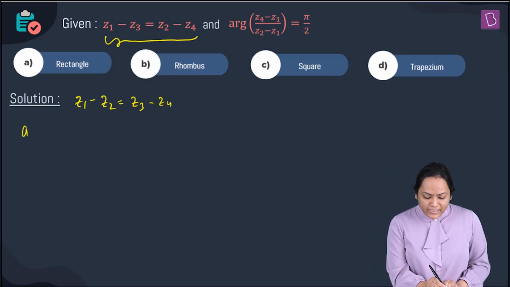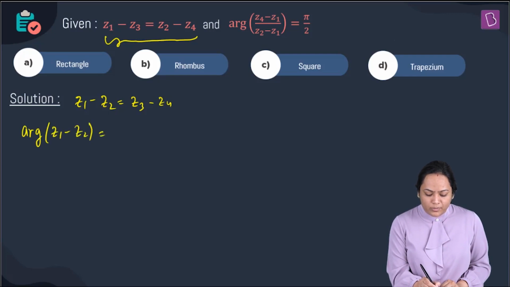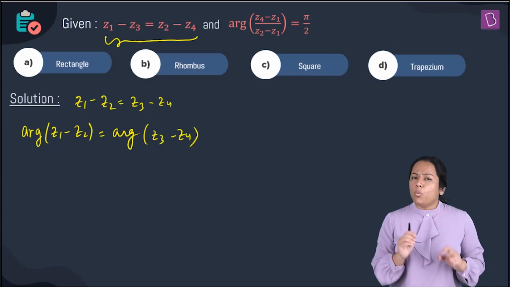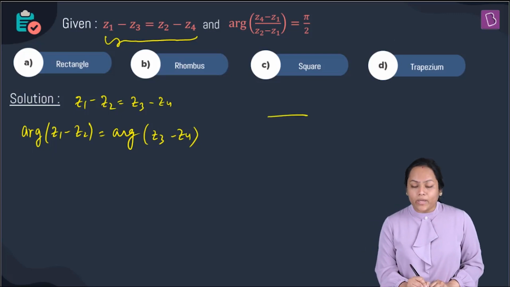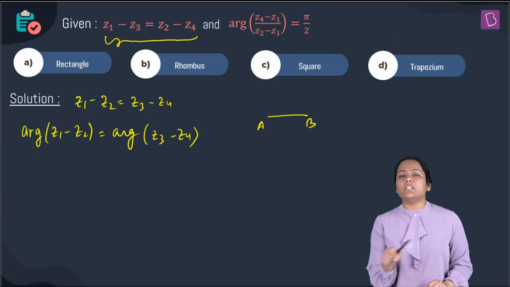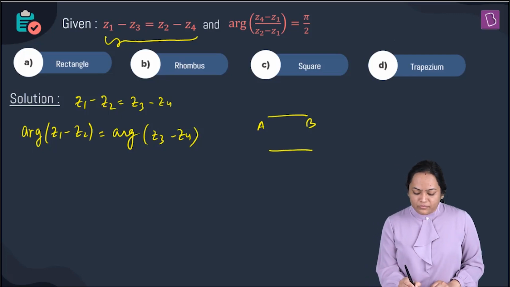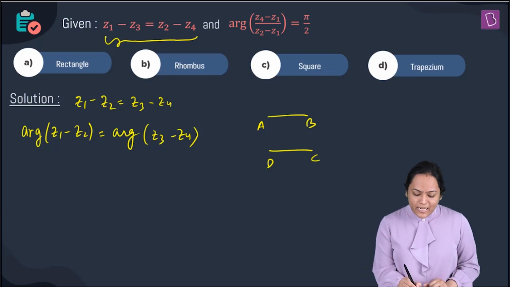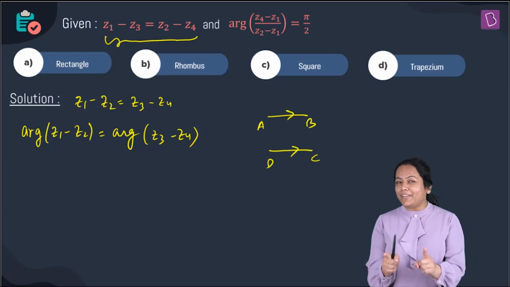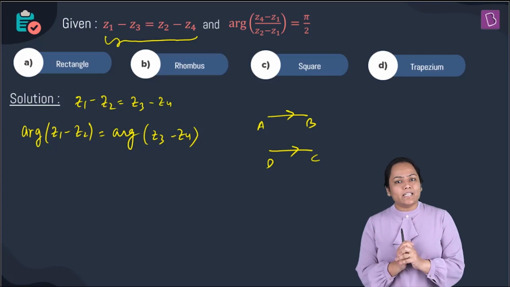From here, I can say that argument of Z1 minus Z2 should be equal to argument of Z3 minus Z4. What does this mean, guys? It means that if I join Z1 and Z2, let's say points A and B, the argument of this line is the same as the argument of the line when I join points C and D. So these two are definitely parallel, isn't it?